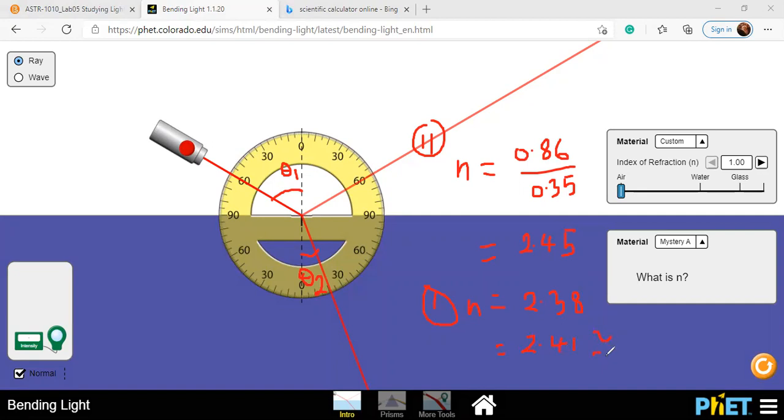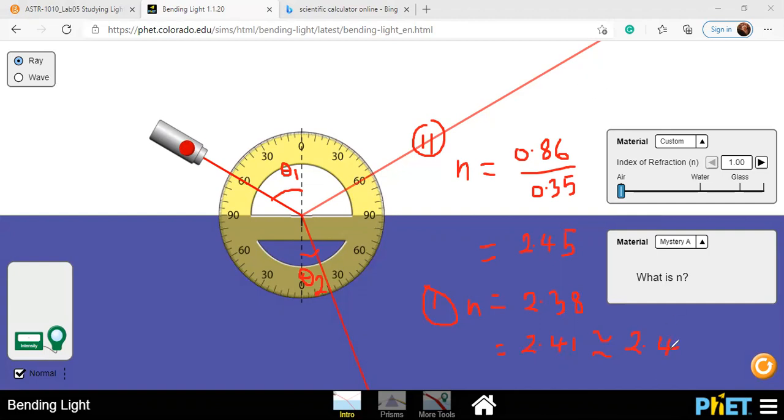If I round it off, it is 2.4. What is this material? Unknown material. Could you guess it? You can Google it or see some physics books, I mean optics books. This is diamond, right? 2.4 is a very large value of refractive index. That's why diamond sparkles, right? Everyone needs diamond.